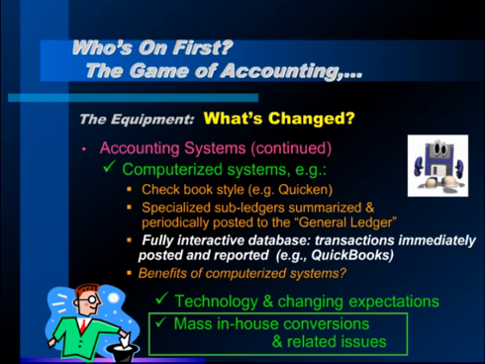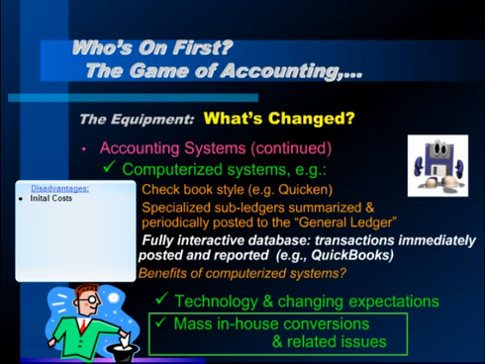As a result of these changes, we're seeing a massive shift where small businesses are bringing their own accounting systems in-house. So what are some of the disadvantages of an in-house computerized system? Well, first of all, you're going to need to invest in an appropriate level of computer and computer support in software.